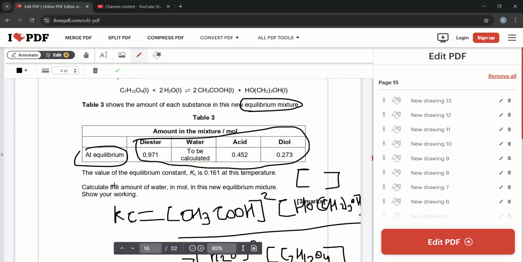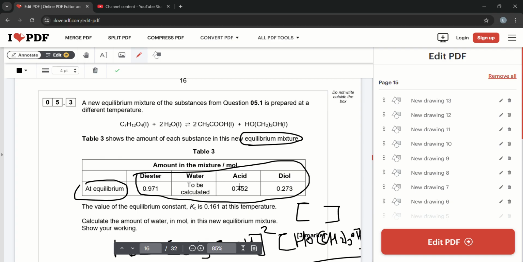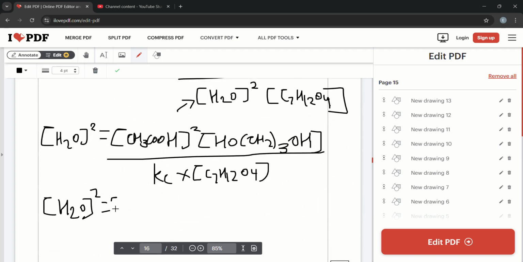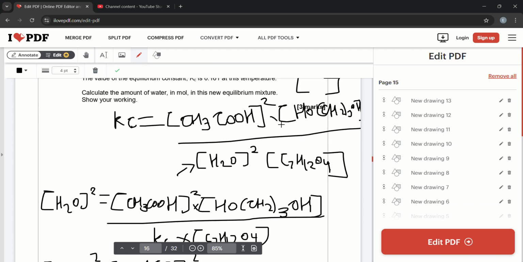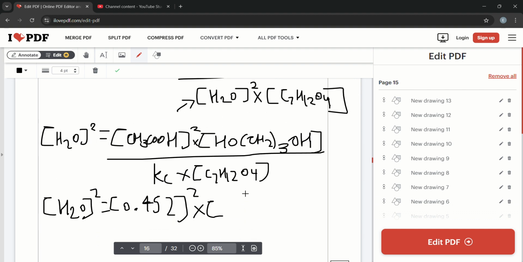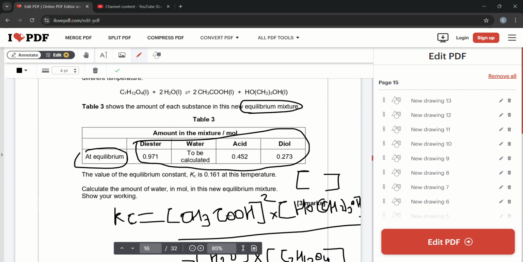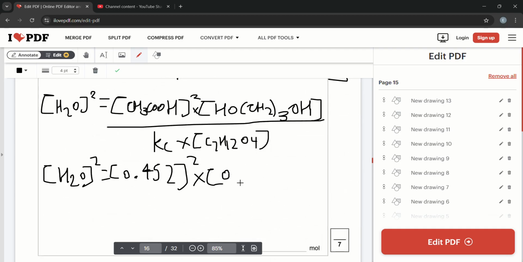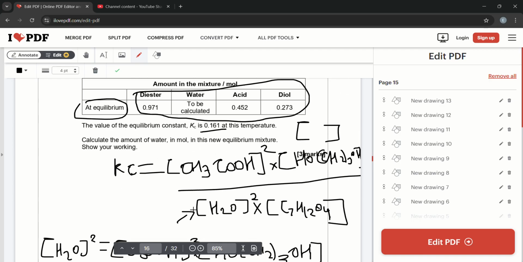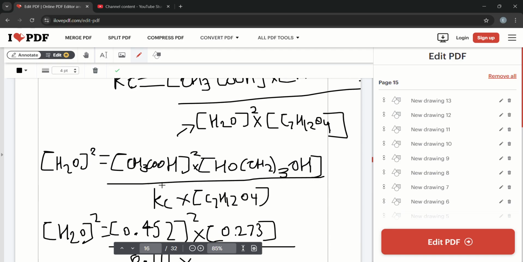H2O squared equals CH3COOH squared, so the acid squared, 0.452 squared, times by the diol, which is 0.273, divided by Kc, which is 0.161, times by the diester, which is 0.971.